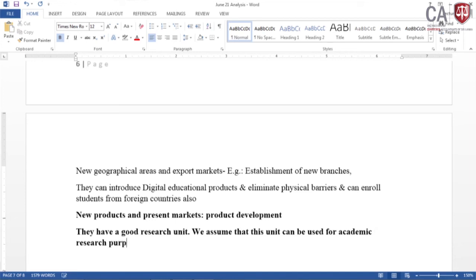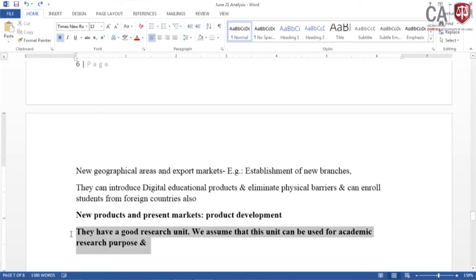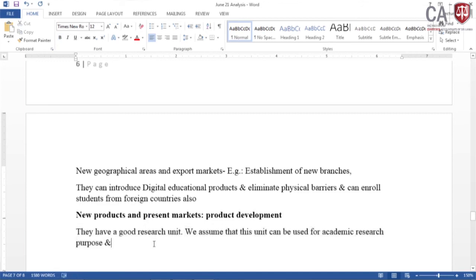That is the main job of a research unit, and a good research unit, and what we expect, developing new products, for example, new courses. So they can apply this strategy, new courses.